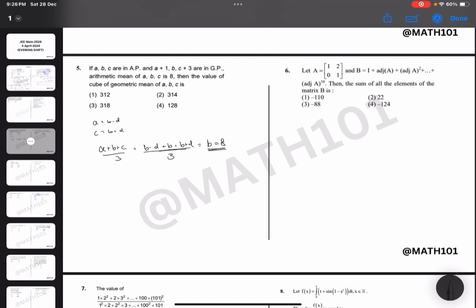So we have this. They are in GP, which means B square equals A plus 1 times C plus 3, which equals 64. Cube of geometric mean of A, B, C is what we have to find. A plus 1 is B minus D plus 1, C plus 3 is B plus D plus 3.